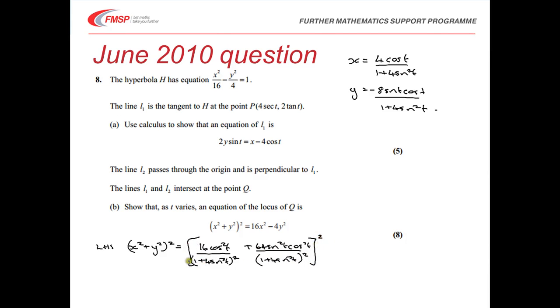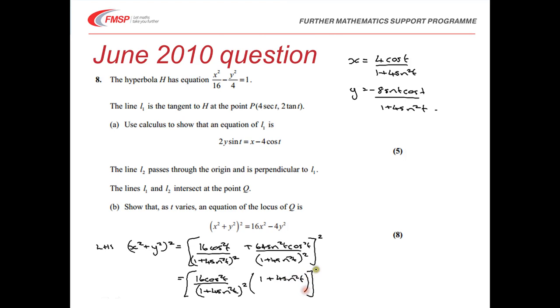Okay, so I can pull out 16 cos squared t over 1 plus 4 sine squared t as a common factor in this square bracket term. So let's do that. We've got 16 cos squared t over 1 plus 4 sine squared t, squared, as the common factor inside this square bracket. So we need 1 plus, and then it will actually be 4 sine squared t here.